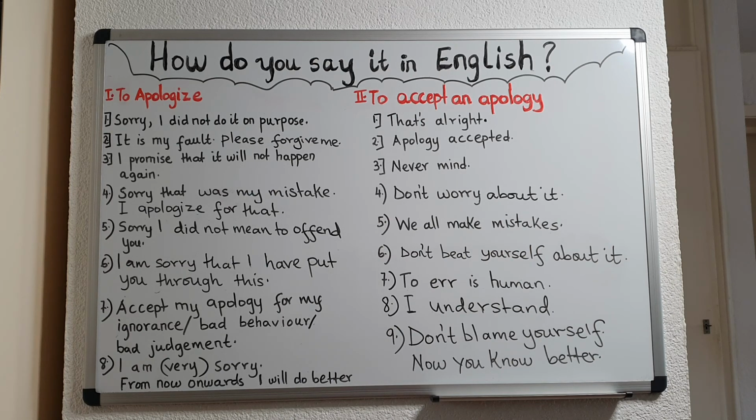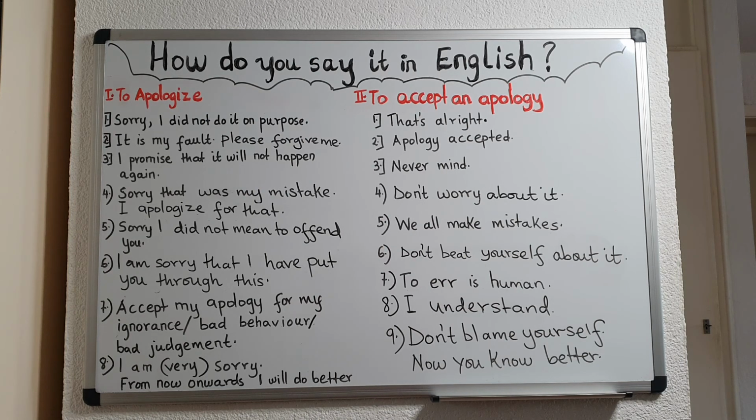So, for example, if someone apologizes to you by saying, sorry, that was my mistake, I apologize for that, you can say, to err is human. Or if someone says to you, it is my fault, please forgive me, you can say, to err is human, meaning that don't worry about it. As human beings, we all make mistakes.